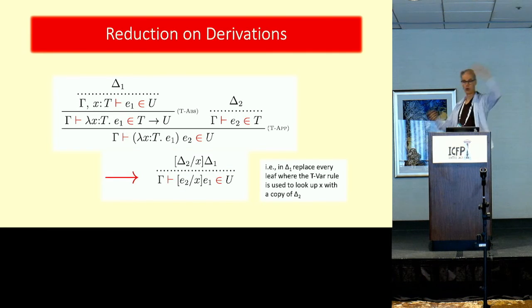And here is the whole beta reduction rule. It says if you have a term whose typing derivation looks like a use of the application rule whose left-hand premise is a use of the abstraction rule.